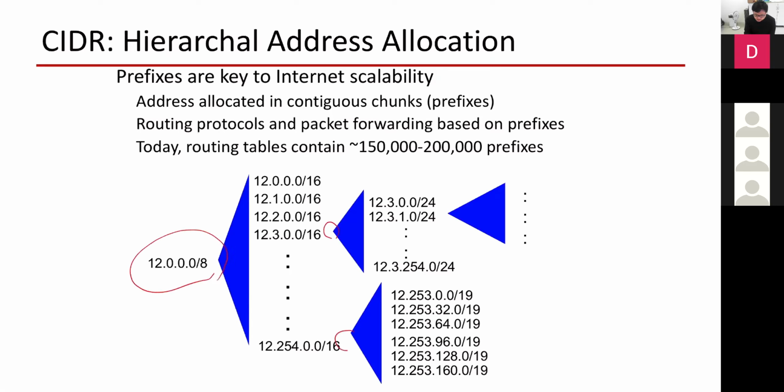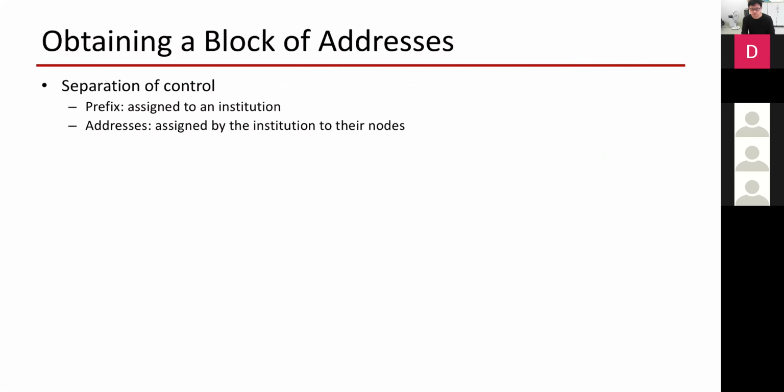We are using this in today's technology, with routing protocols, packets, and forwarding based on the prefixes. Today, routing tables contain about 200,000 prefixes. That is doable. If you talk about a million or a billion, we cannot handle it. But if it's 200,000, I think I can handle all the routing necessary.